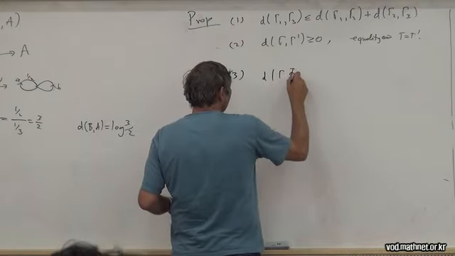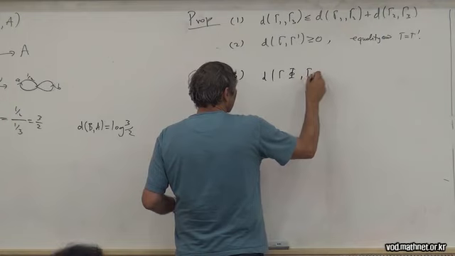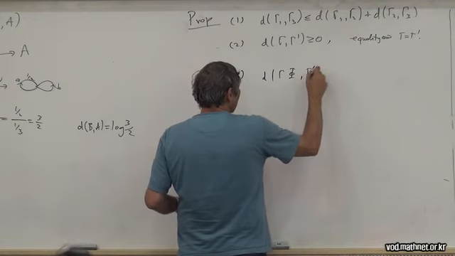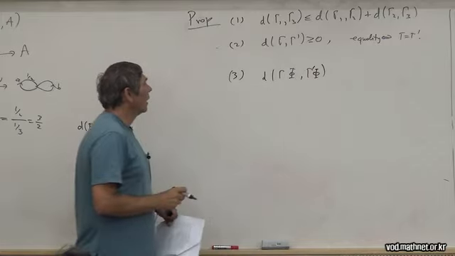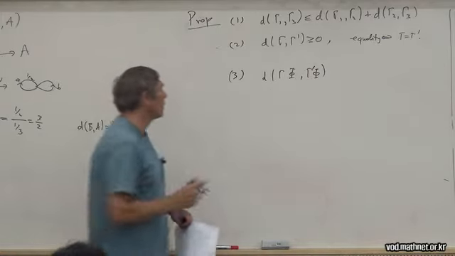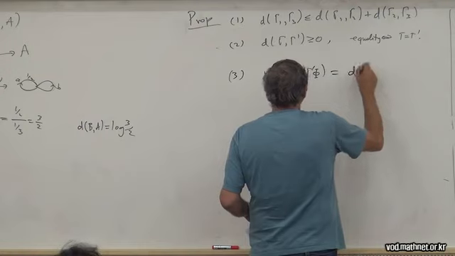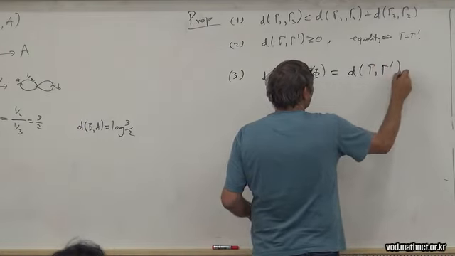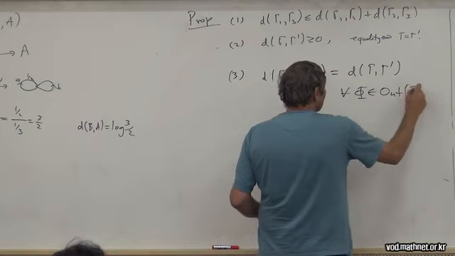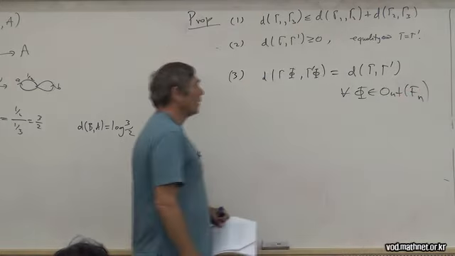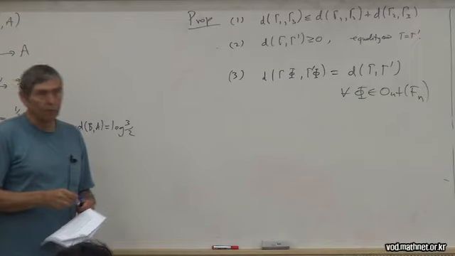So phi is an element of Out(Fn), and the action is on the right. I act on gamma and gamma prime by the same automorphism, and I don't change the distance, for every phi in Out(Fn). Okay, so it's an Out(Fn)-invariant, non-symmetric metric.